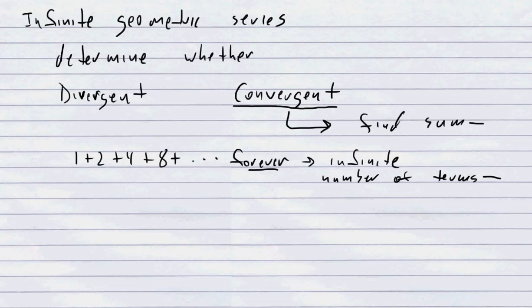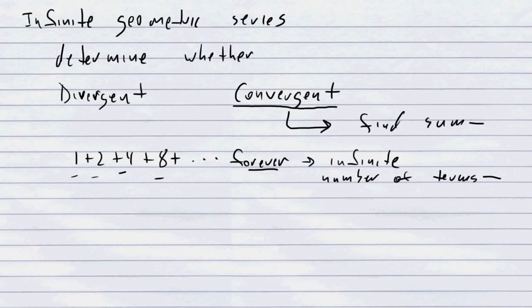Now, previously, when we found sums of series, we only found a specific sum if there were a finite number of terms. Like if we took this 1 plus 2 plus 4 plus 8, if the series just stops at 4 terms, then yes, we can add those 4 numbers and we get a specific sum.